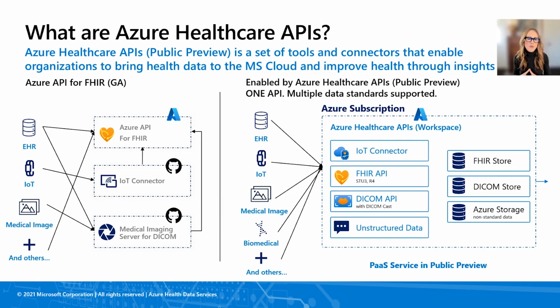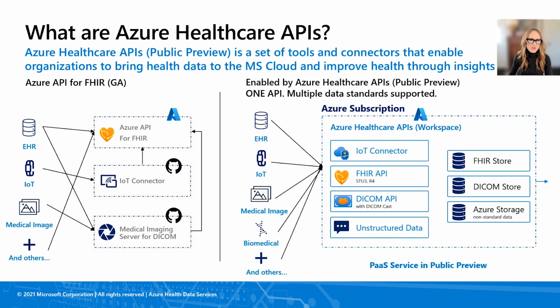We're going to be bringing capabilities like the IoT connector directly into the Azure Healthcare APIs product suite so that you can much more seamlessly ingest various different health data types into our core service, store that data, and connect it more broadly across the stack.